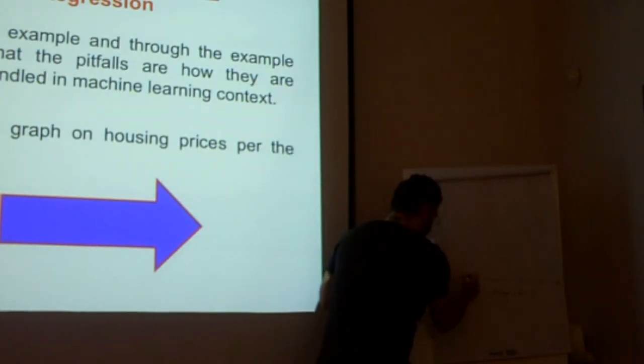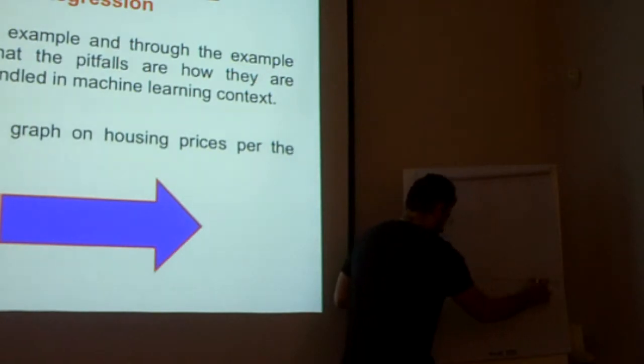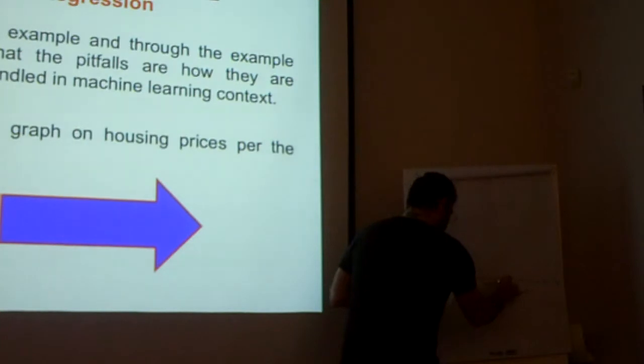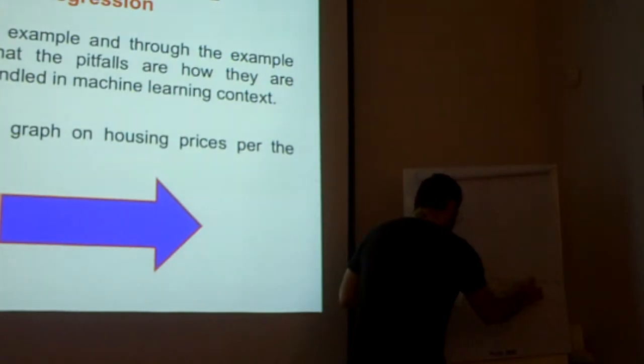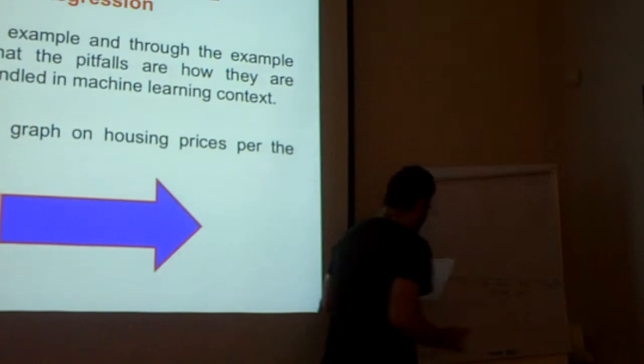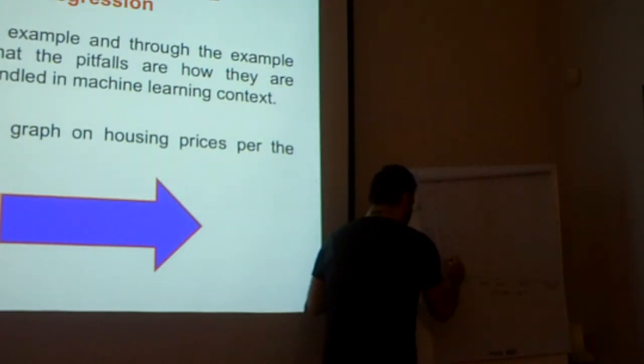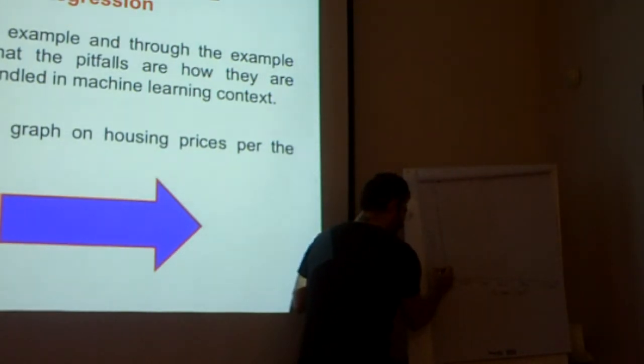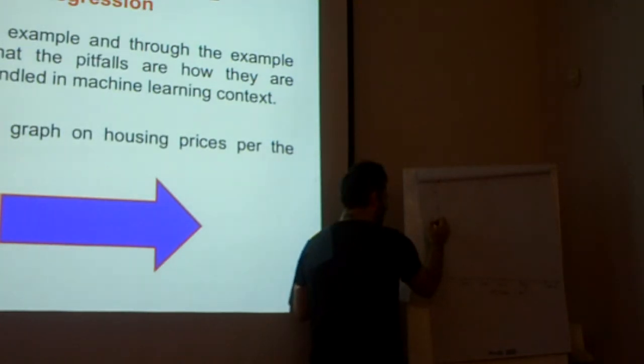I have written the values like 200 square meters, 400 square meters, 600, 800, and 1000 square meters, and the prices are $1,000, $2,000, $3,000, $4,000, $5,000, and €6,000.